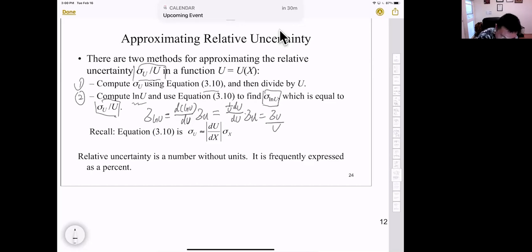So that is the relative uncertainty. Again, which method to use depends on which one is easier to solve for a certain problem. And again, relative uncertainty is a number with no units.